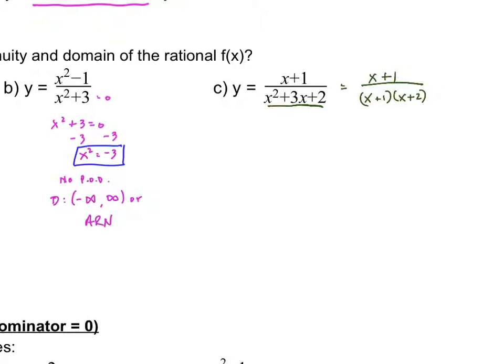And so now we know that x plus 1 over x plus 1 is going to cancel out. And this problem can be rewritten as y equals 1 over x plus 2.